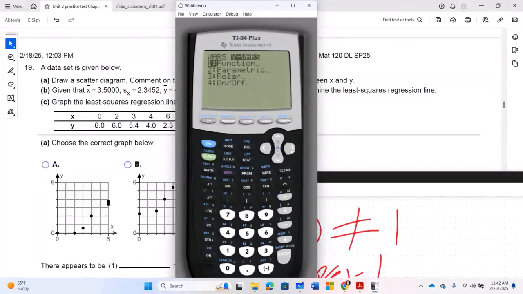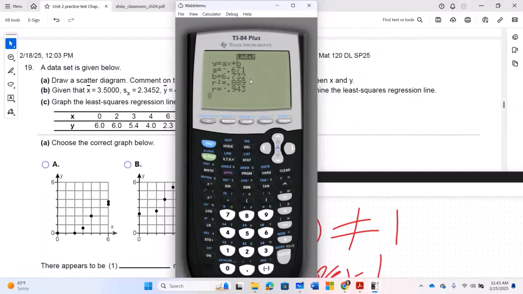So first, Y-Vars, function Y1. And when I calculate, I'm going to calculate. All right, I have answered the questions here. My x list and y list are L1, L2. And then the equation, I want the equation in Y1, so I'm going to calculate. So it gave me the coefficient of correlation. r is negative because there's a high negative linear relationship from the scatter plot.